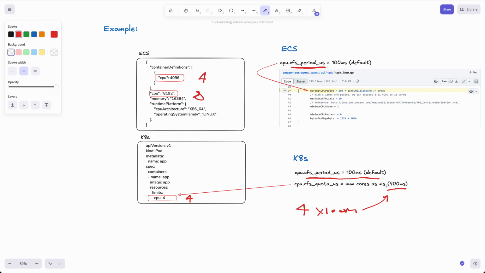So Kubernetes uses these control group properties to help impose these limits. In Docker, Docker also uses CFS and these control group properties to impose these limits.